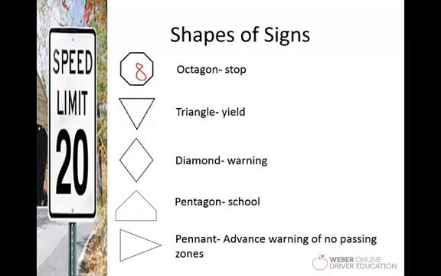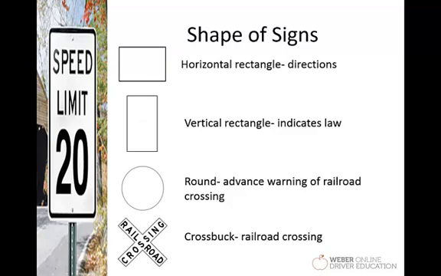A diamond is a warning sign, so this would be right turn ahead or something like that. The pentagon or the 5-sided sign is for school, and I tell kids to remember this is like a little schoolhouse. The pennant, like a flag or a sport pennant, is for no passing or advance warning of a passing zone.